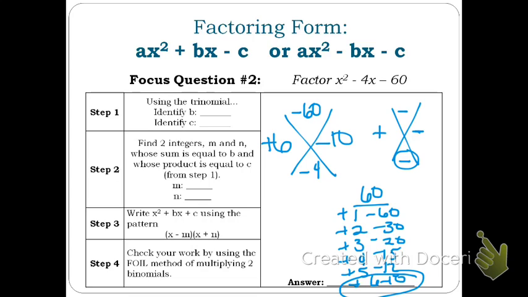Your final answer then would be, try to figure out where it'll let me write it. I'm going to write it up here in the top for you. Would be x plus 6 times x minus 10 is your final answer.